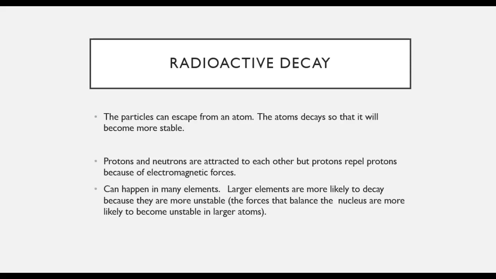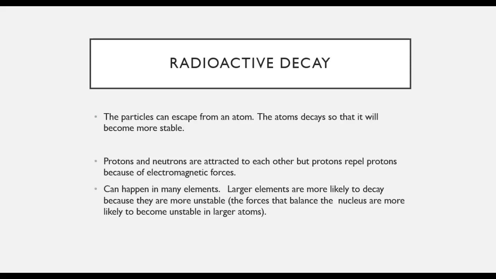And these protons and neutrons are attracted to each other. But remember from your magnets that a positive and a positive repel each other, a negative and a negative repel each other. It's the same thing. Protons have a positive charge. So when they get too close to another proton, they're going to repel each other, causing the electromagnetic forces to come into play.